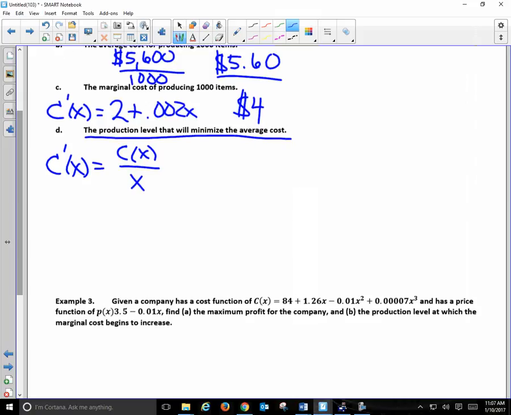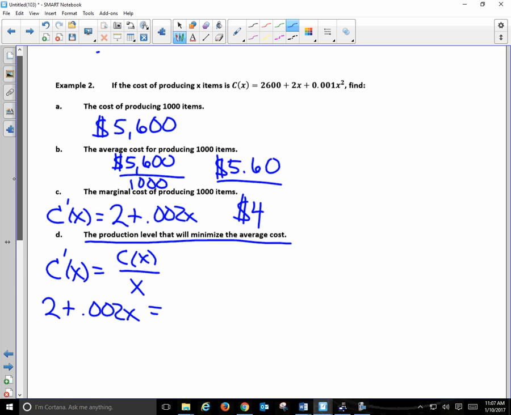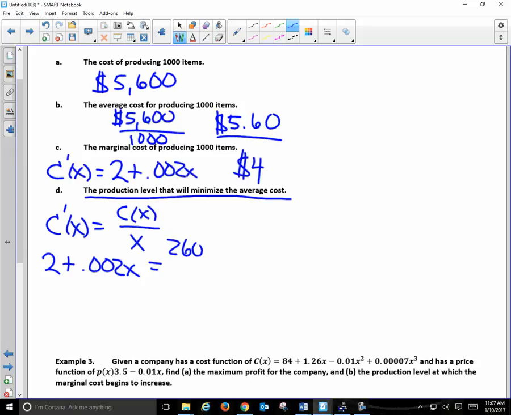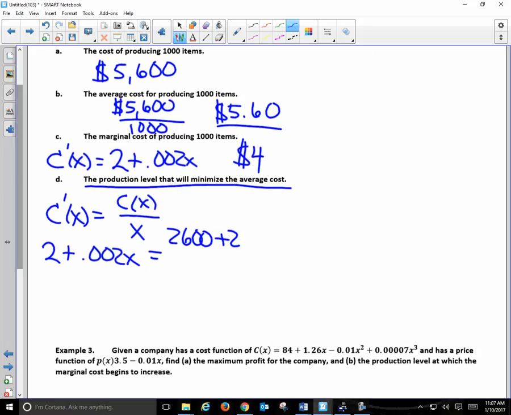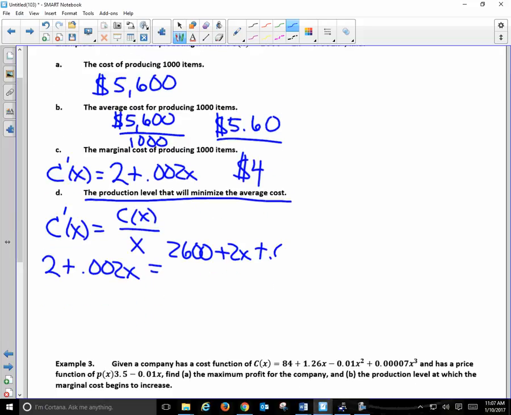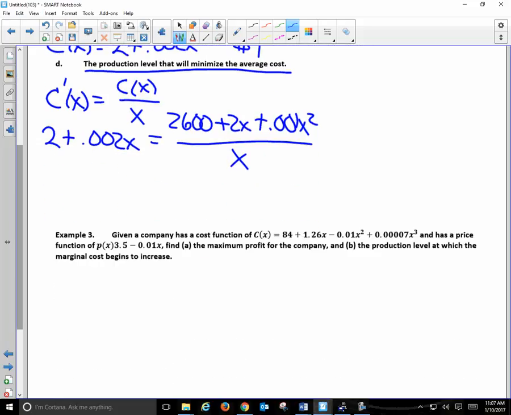We have C prime of x, which is 2 plus 0.002x, equals C of x, which is 2,600 plus 2x plus 0.001x squared, all over x. Thoughts on solving this?